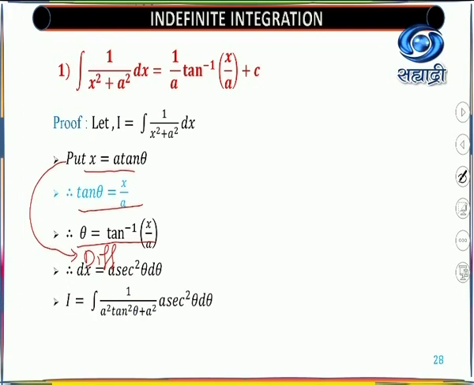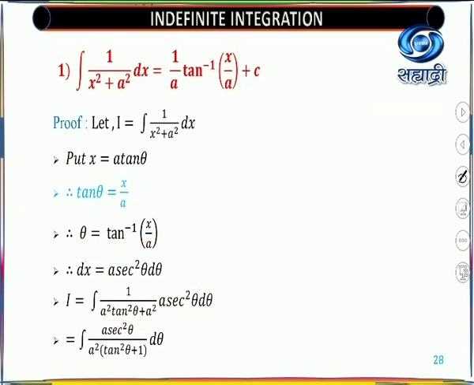So what will your integral be? Your integral becomes I equal to integral 1 upon a square tan square theta plus a square, into a sec square theta d theta. This is the value of dx. Now if you take a square common from the denominator, you get a square into tan square theta plus 1. The a square cancels, and the numerator is sec square theta.